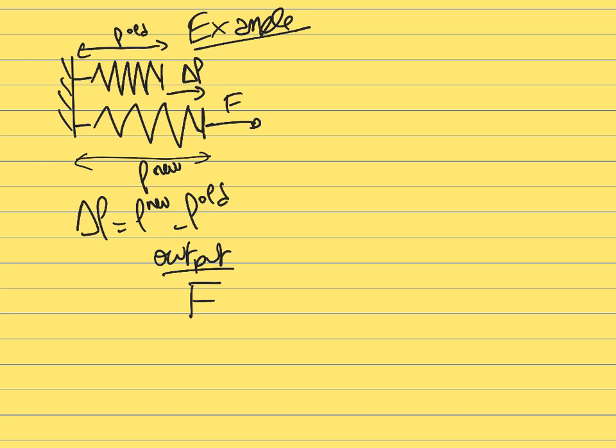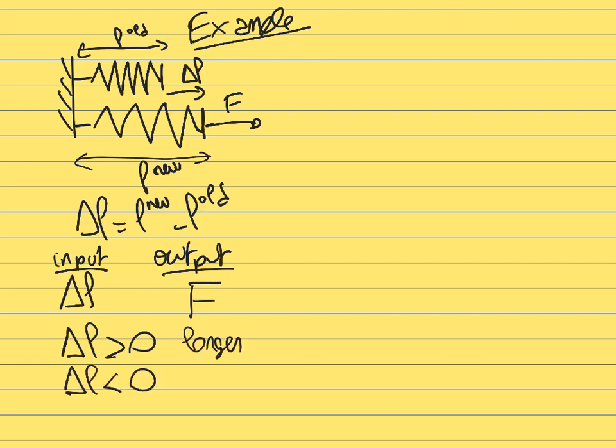We want to predict the force that we need to apply to a given spring as a function of something that we can observe, which is the input. In this case, the input will be the elongation, where the elongation is positive if the spring becomes longer, and negative if the spring becomes shorter, so if you are applying a compressive force on the spring.